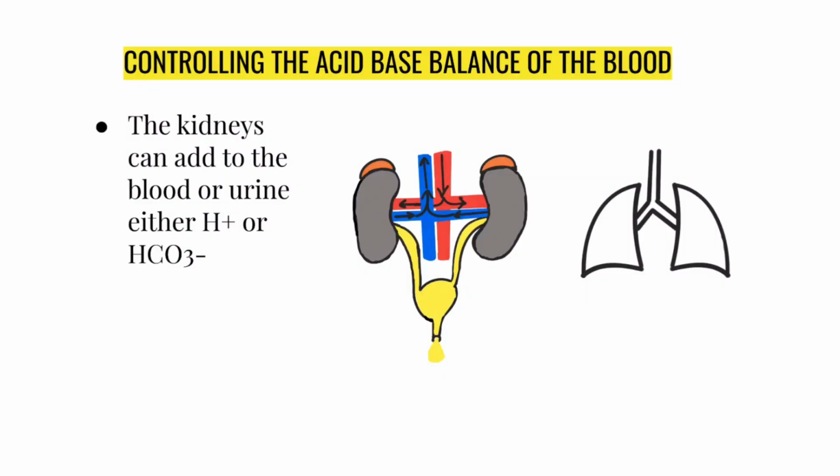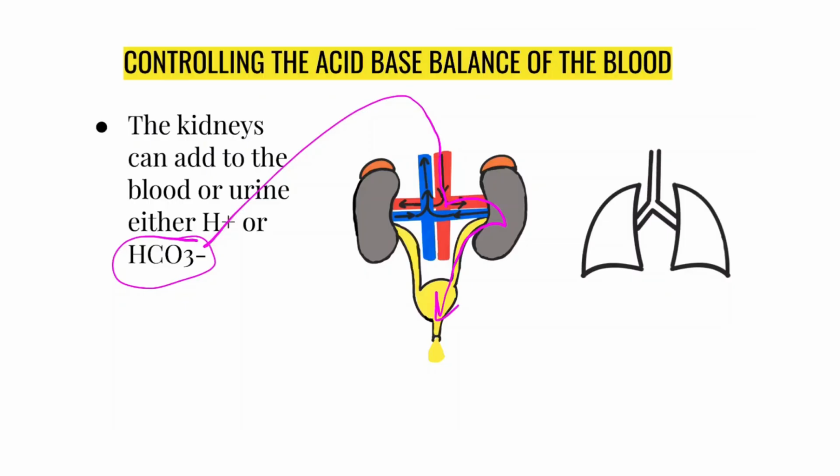So the kidney, if we have too much acid in our blood heading into the kidneys, can actually take these protons and put them into the urine so we can eliminate them. On the other hand, if we have too much base in the blood, the kidney has the ability to take these out and put them into the urine, right?